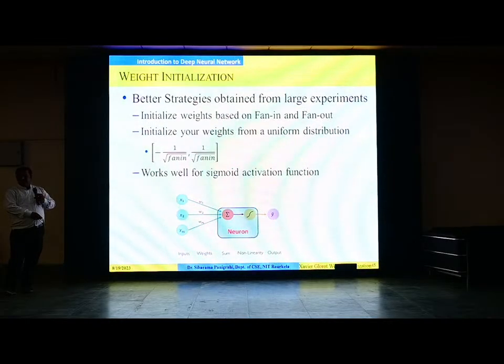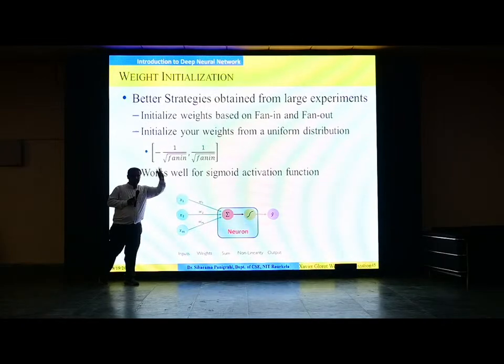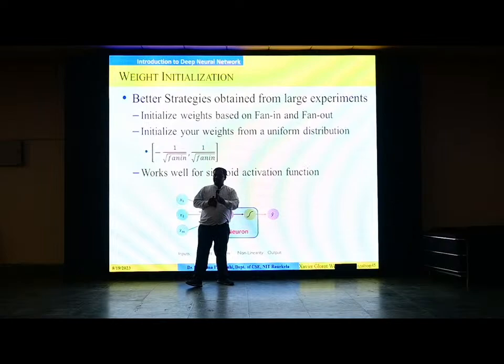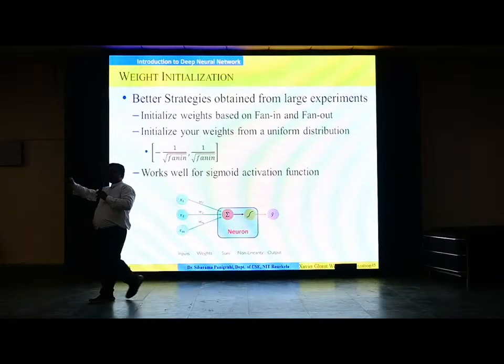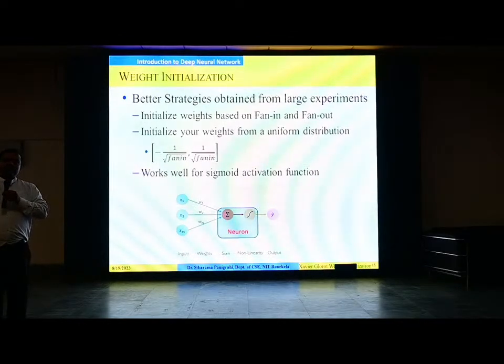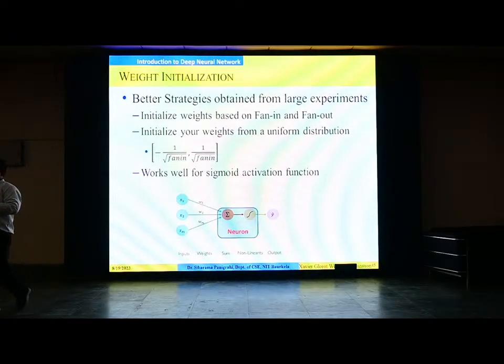Here, what is the fan in for this neuron? 3. What is the fan out for this neuron? 1. So fan in is the number of inputs to a particular neuron, and fan out is the number of outputs going out of that neuron. Is that clear? Based on this, they developed some formulas to initialize the weights.